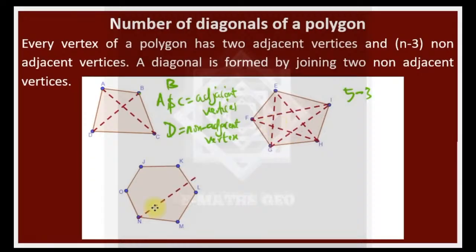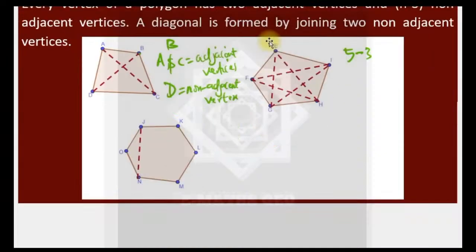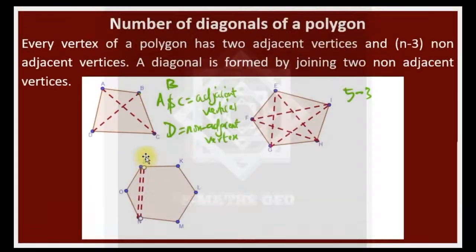Let's start with vertex N. So that's 1. That's 2. And that's 3.